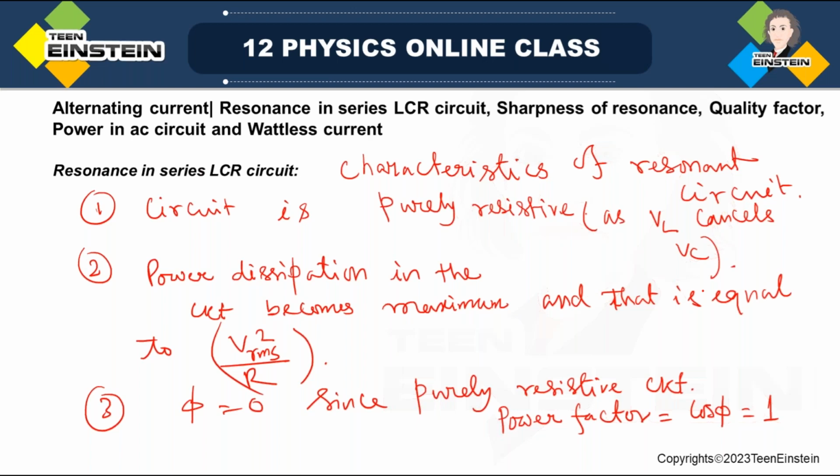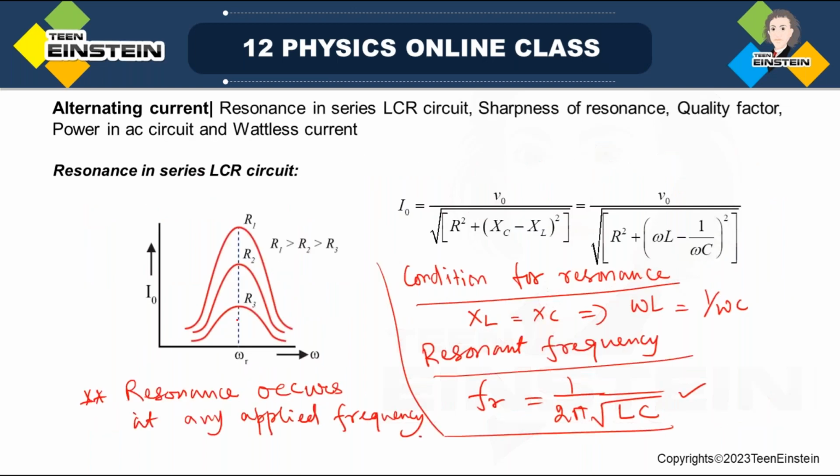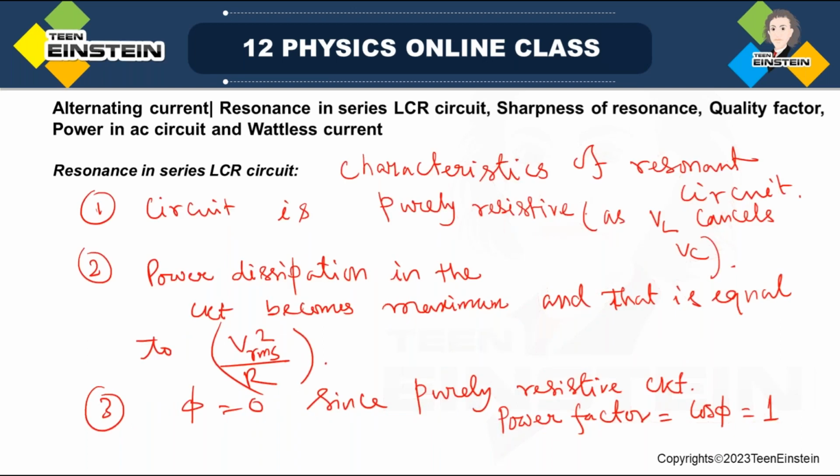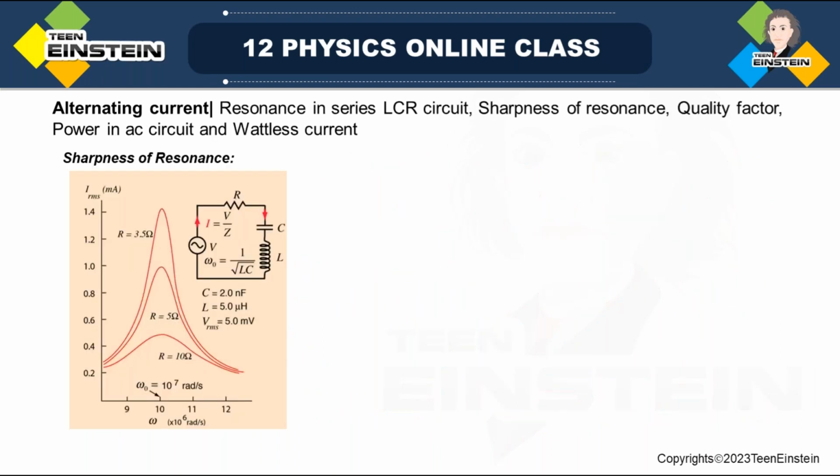For a larger value of R, the maximum amplitude of the current decreases, and for a smaller value of resistance, the maximum value of the current in the circuit will be more. That means the current will be larger as the resistance decreases.